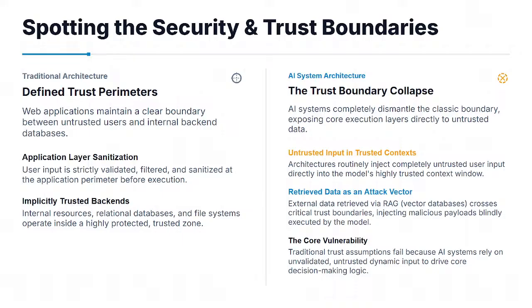Maybe the person that was in charge of the context building part already injected false or malicious information. The model has no idea that the data it is retrieving has been manipulated. It will only just go there and fetch it. If it is something malicious, like a malicious payload, or if it is false information, that is what it will just blindly work on. So, retrieved data can act as an attack vector as well in AI system architecture.